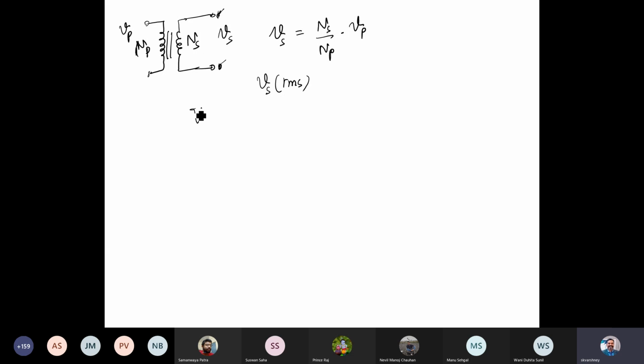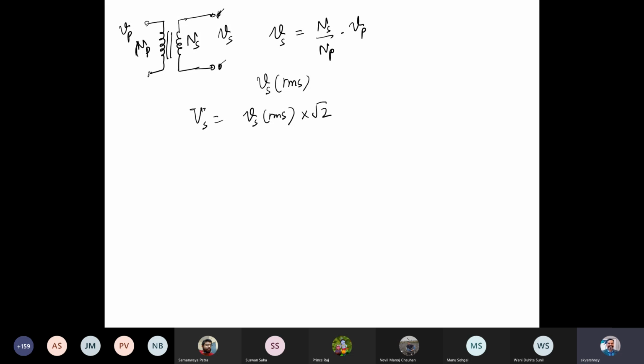So to get the peak value, VS would be the RMS value multiplied by the square root of 2. It's not DC, but you can find the voltage at this level by multiplying by root 2.